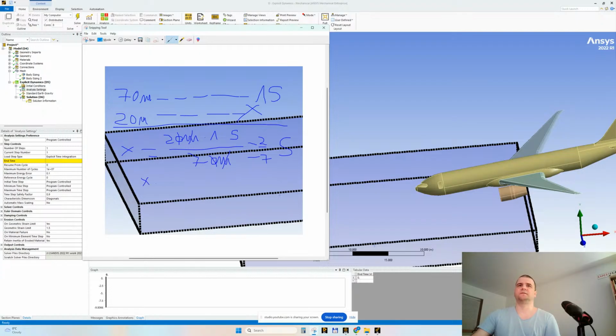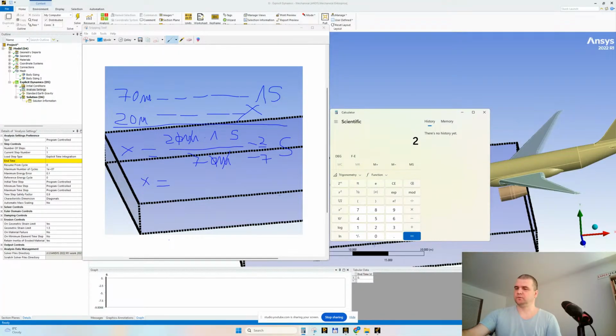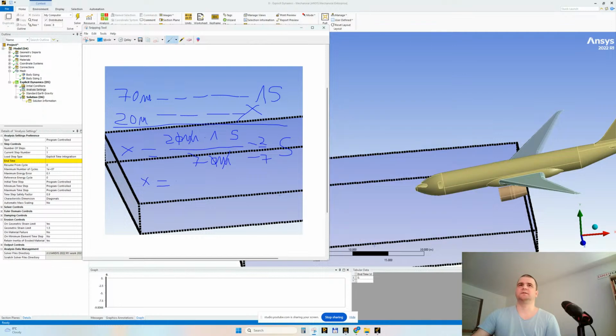And 2/7 is how much? 2/7 seconds, 0.3. 0.3 seconds, okay? 0.3 seconds. This is what I will use as an end time.